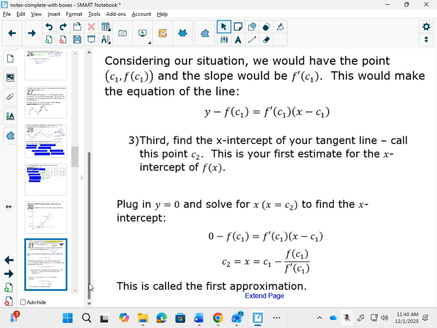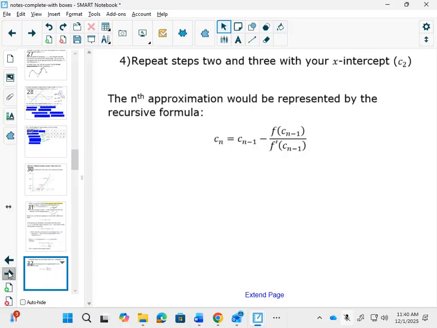And I could simplify my equation, which you're never going to memorize, but I guess you could. And you get better and better approximations. So, we'll do an example. You just keep repeating it.